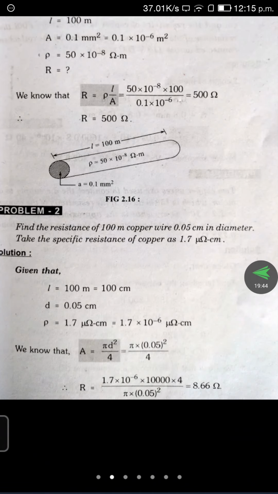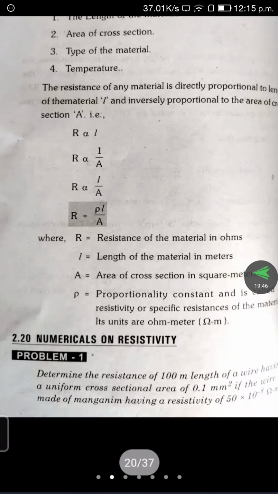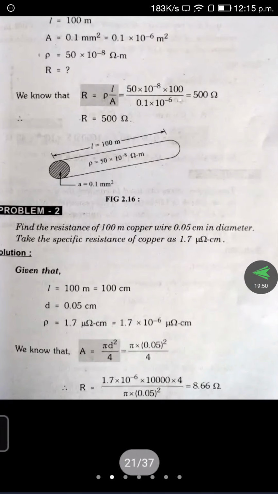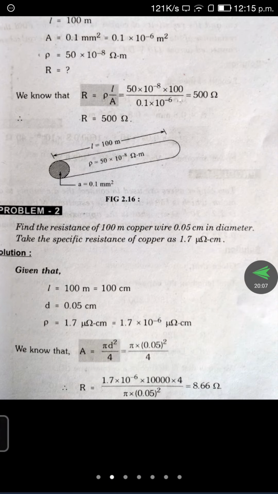But we know the formula to find the resistance value: R is equal to rho L by A. But what is the data here? L is available, rho is available, but A is not available. The cross section area is not given in the problem. So we are assuming in this problem that the conductor structure is circular.